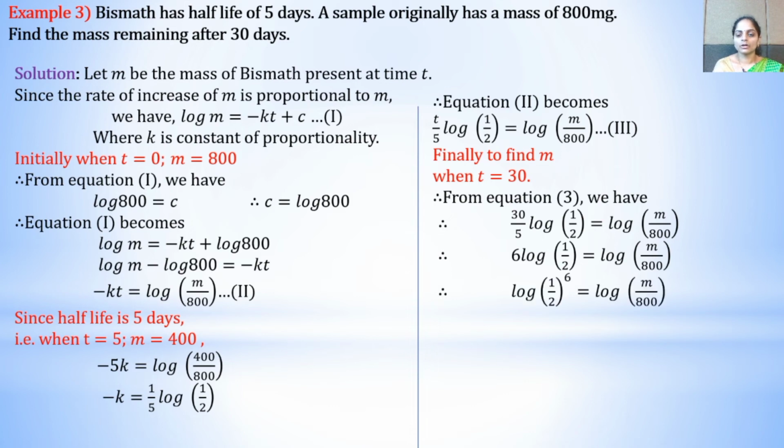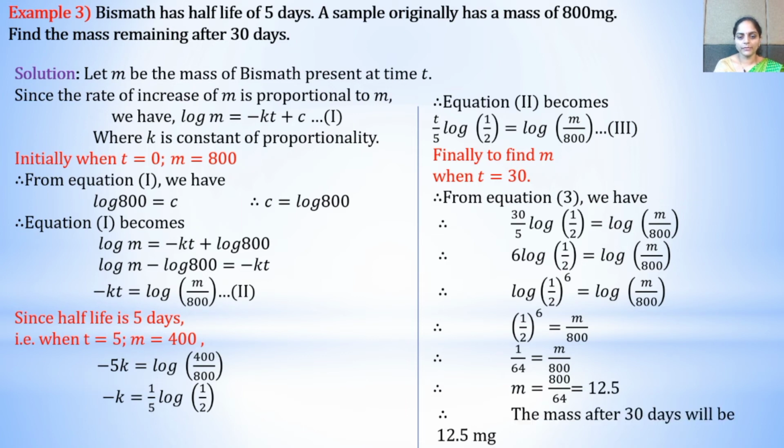Therefore, log of half raised to 6 is equal to log of m divided by 800. We know that if log m is equal to log n, then m equals n. Therefore, half raised to 6 is equal to m divided by 800. Therefore, m equals 800 divided by 64, which is 12.5. Therefore, the mass after 30 days will be 12.5 mg.